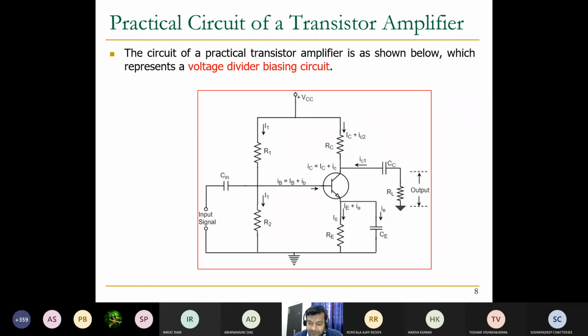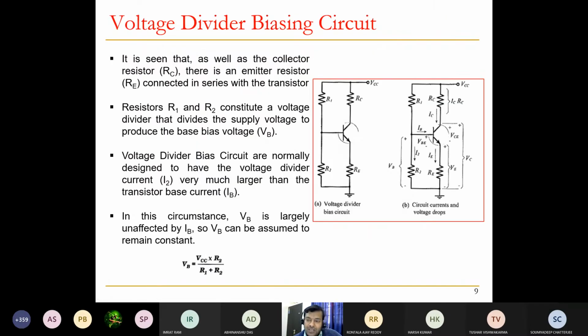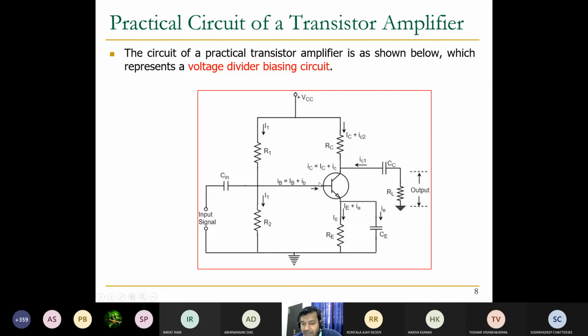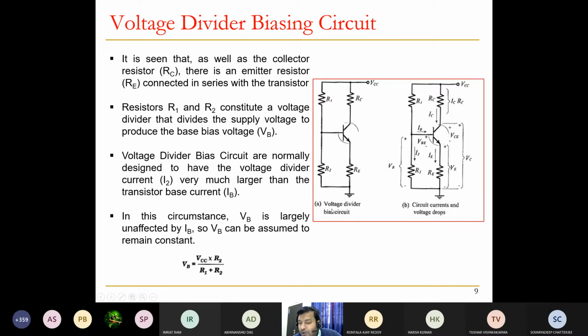Another component is CE, the bypass capacitor. Here, let me talk briefly about the voltage divider biasing circuit. This part of the circuit represents a voltage divider bias circuit.